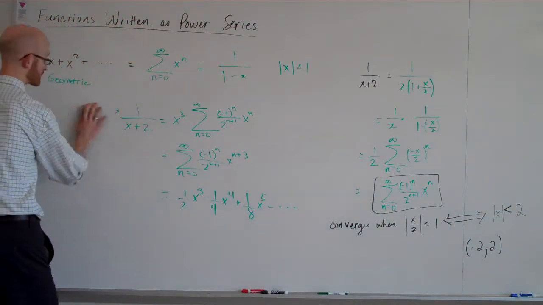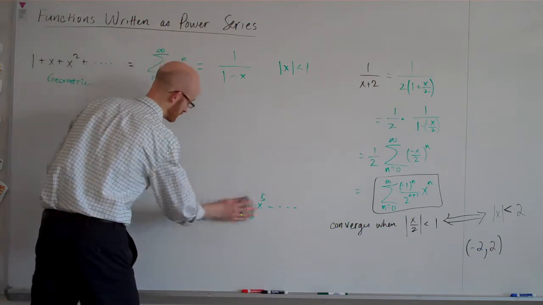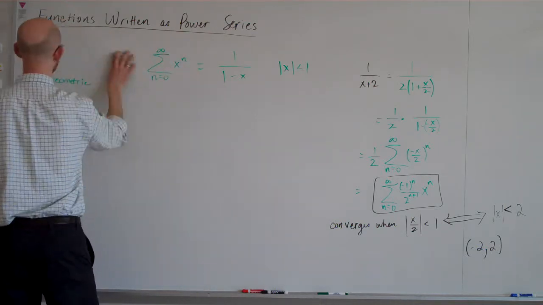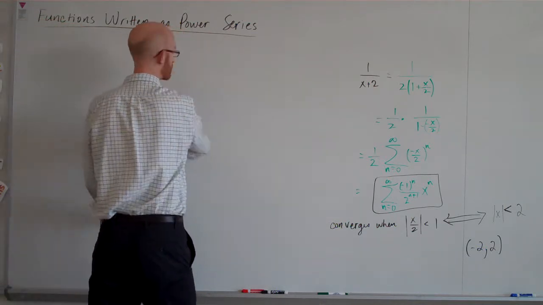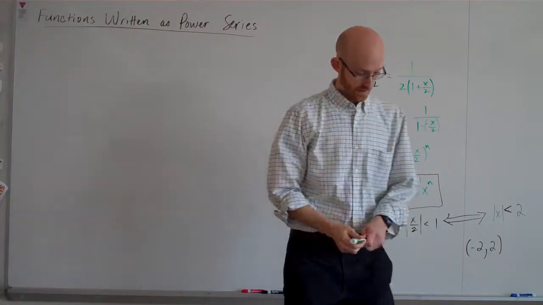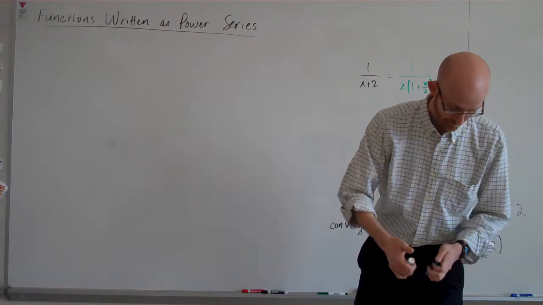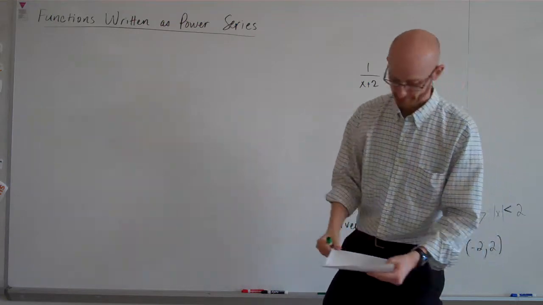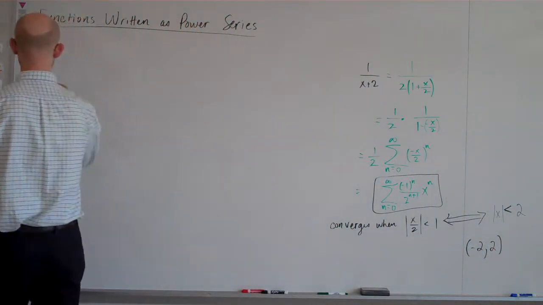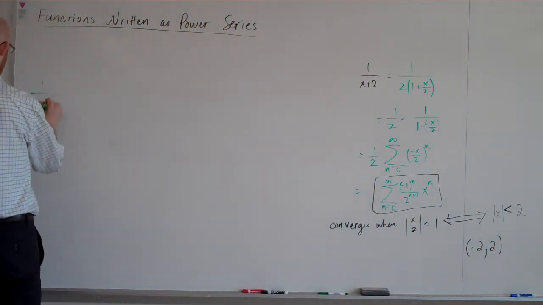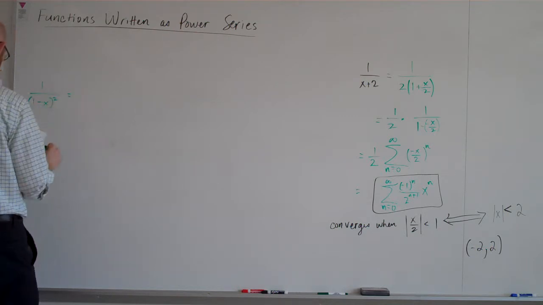So let me get rid of this now. Okay then. We're going to write 1 over 1 minus x squared as a power series.